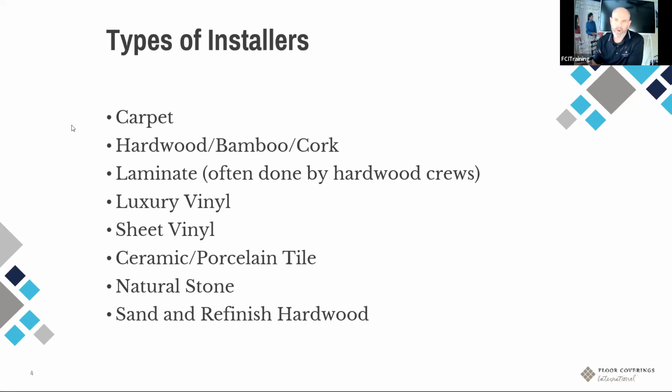Sheet vinyl is probably the same guy that does carpet because they're accustomed to doing seams. So more than likely, those are the two. As a matter of fact, I would venture to say that finding a sheet vinyl installer is probably the most difficult one right now because sheet vinyl has sort of gone out of style. You're not seeing a lot of it being installed, and so you don't have a ton of installers out there getting into it.